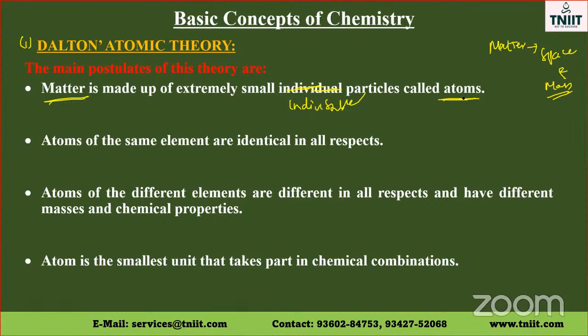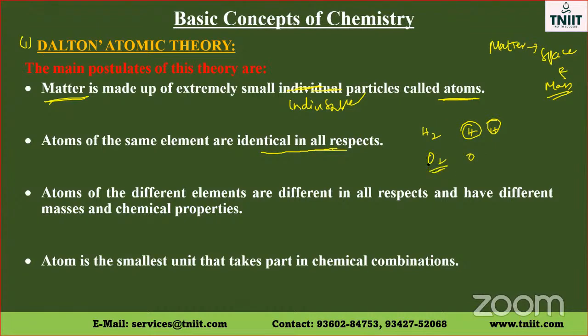The second postulate is atoms of the same element are identical in all aspects. If you take a hydrogen molecule, it contains two hydrogen atoms. This hydrogen atom and this hydrogen atom are identical in all aspects: size, shape, energy, all the same. Atoms of the same element are identical in all respects. Now, again, if you take one more example, oxygen.